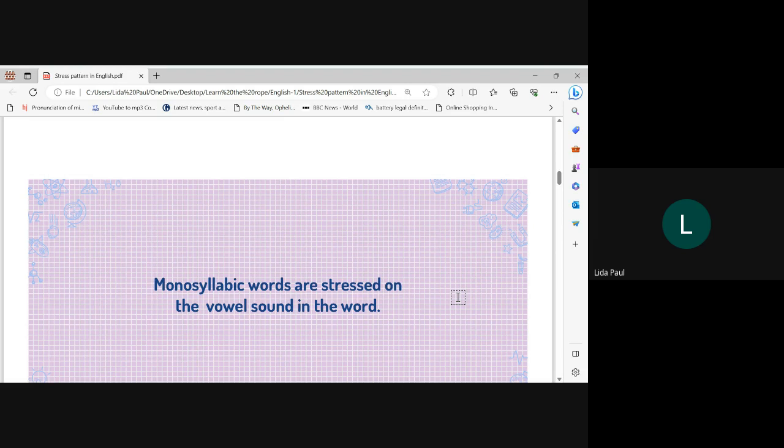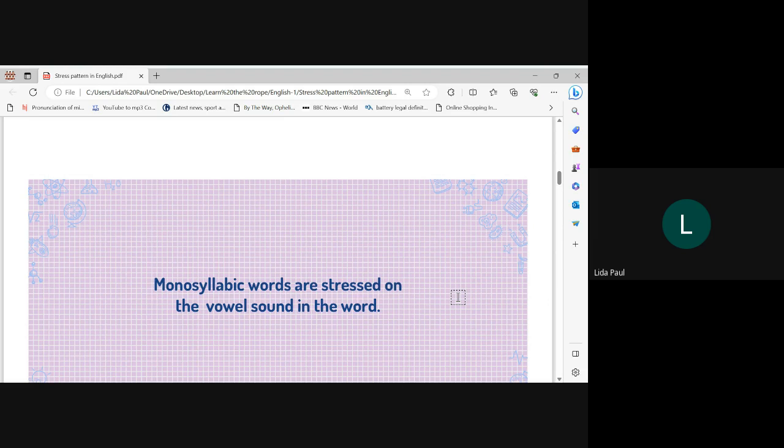Okay. Monosyllabic words, there are two theories on this. Some people would say they don't take any stress, since there's only one syllable, there's no point of talking about stress. But some would say, no, there is stress on these kinds of words as well. As long as there is a vowel sound in a syllable, it definitely takes a stress.